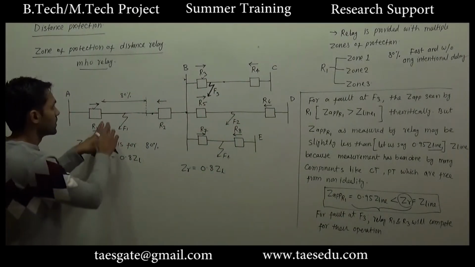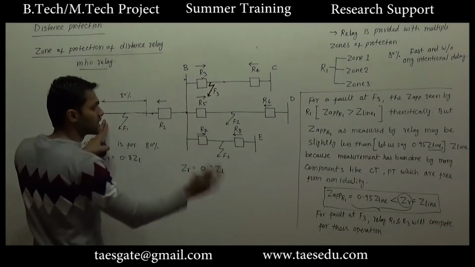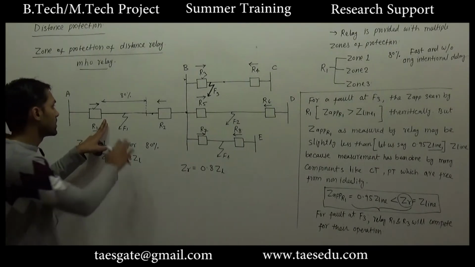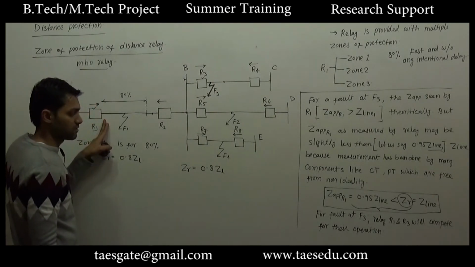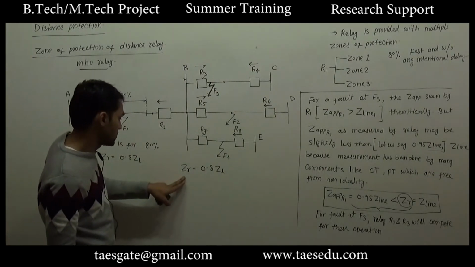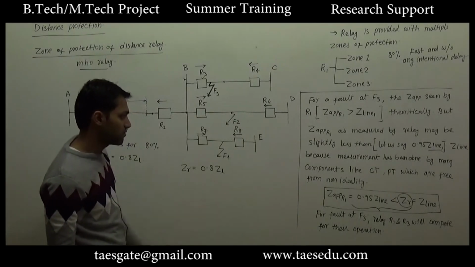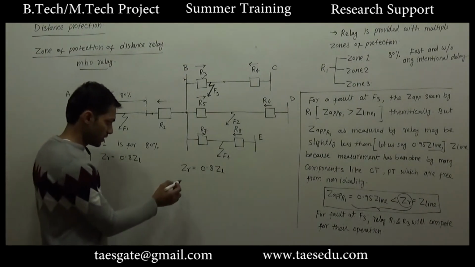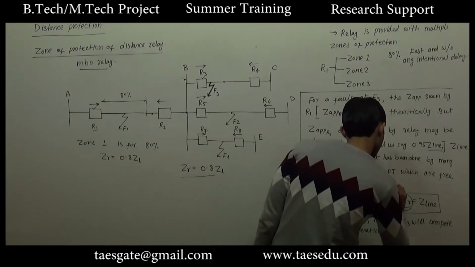What I say, theoretically up to this point the impedance should be greater than Z line, but non-ideality is not so high that this impedance will be less than 0.8 of Z line. Okay, so choosing Z reference for zone 1 protection as 0.8 Z line is safe considering the non-idealities. So if this is chosen, this condition will never be satisfied.